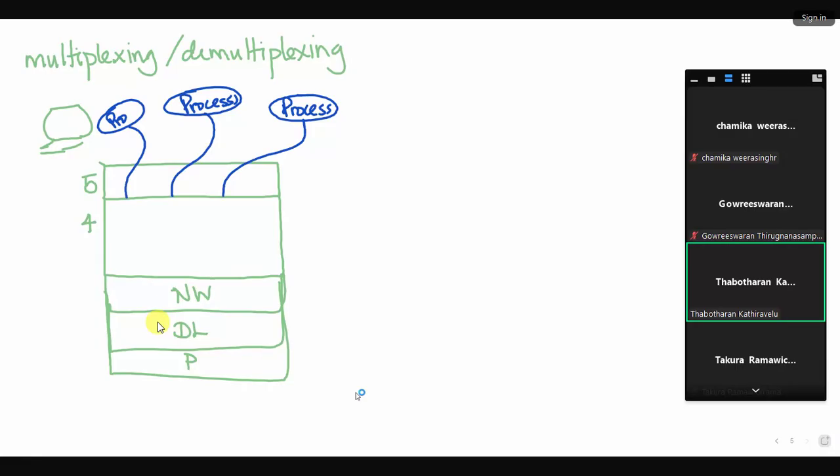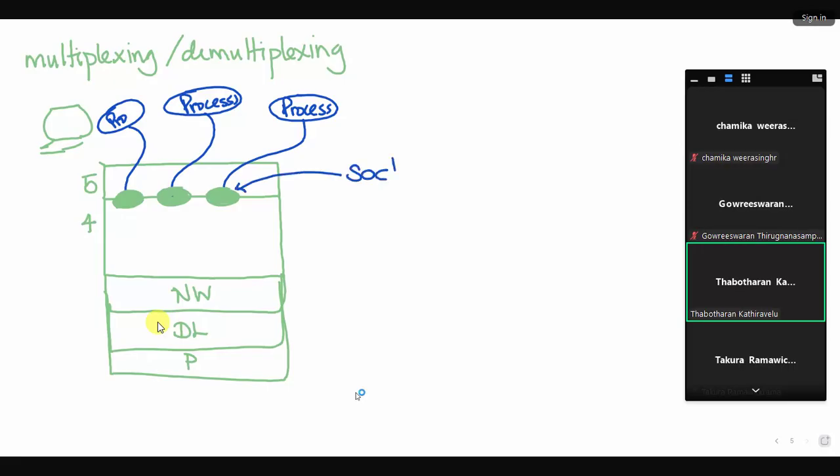For this, when they have data to be sent, the transport layer creates a door for them, which we named sockets. Each one will open a door.